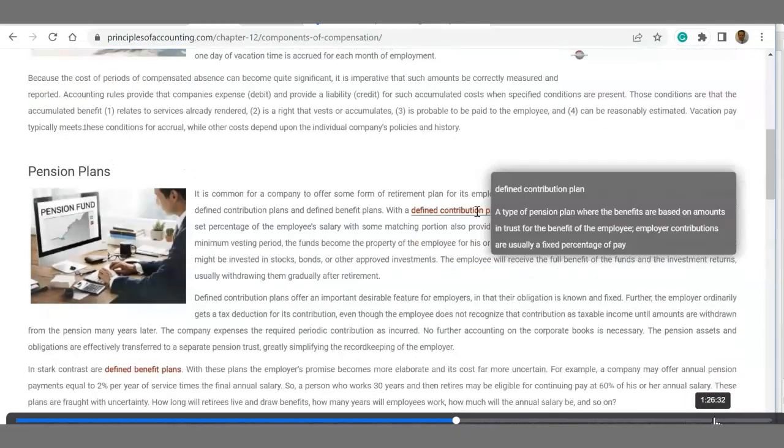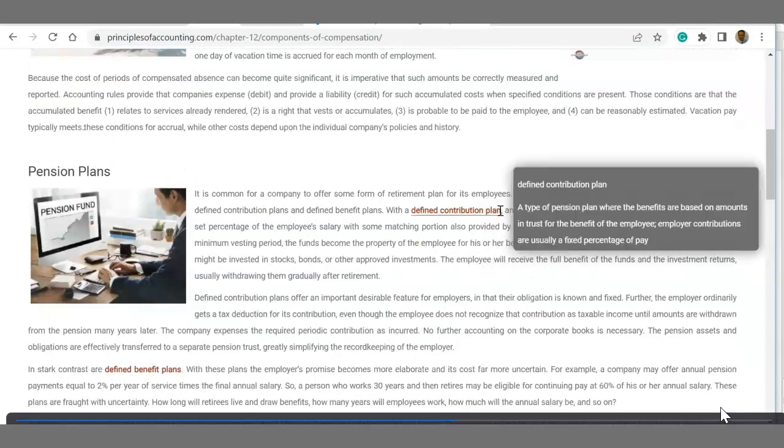There is also a type of retirement plan we call a defined contribution plan. A type of pension plan where the benefits are based on amounts in trust for the benefit of the employee. Employer contributions are usually a fixed percentage of pay.